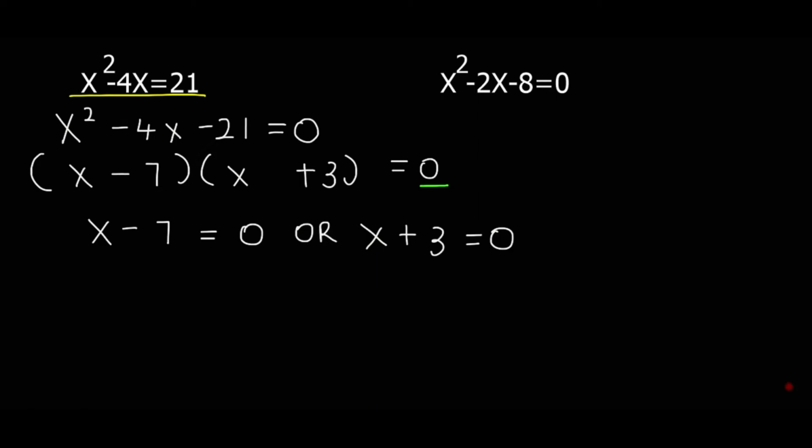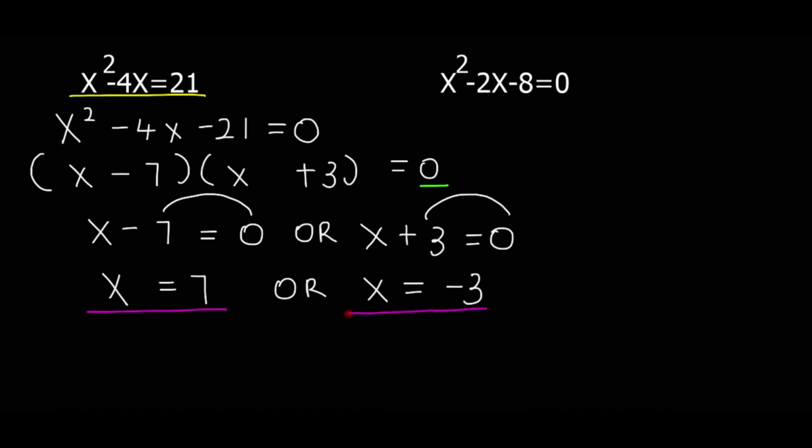And from this step we solve for x. We take -7 to the other side, and it becomes positive. We have x equals 7. We do the same thing, we take 3 to the other side, and it also changes, x equals -3. And this is our solutions.